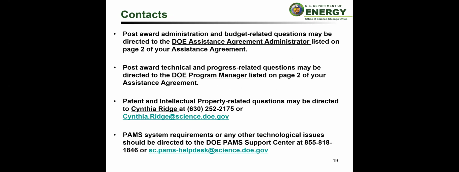That's the person that you dealt with getting your award in place. Any programmatic or technical questions, please reach out to your DOE program manager. That person is listed on page 2 of your assistance agreement. The same is true with your contract specialist or grants management specialist. They're also shown on page 2 of that assistance agreement.